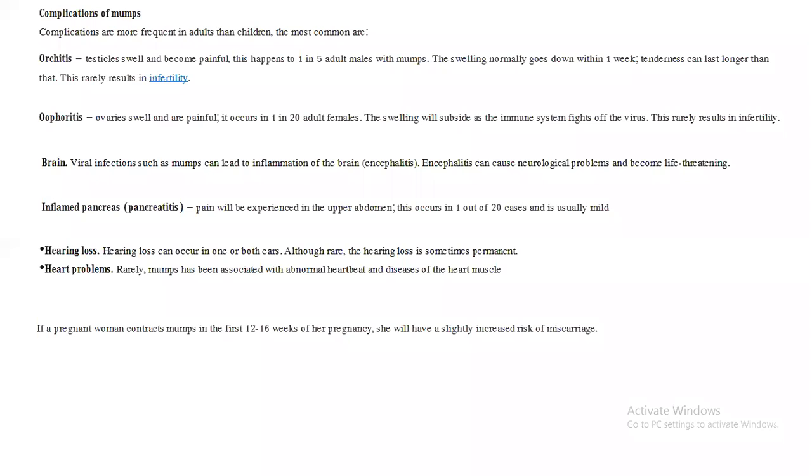Although rare, the hearing loss is sometimes permanent. Heart problems, though rare, have been associated with abnormal heartbeat and disease of the heart muscle. If a pregnant woman contracts mumps in the first 12 to 16 weeks of her pregnancy, she will have a slightly increased risk of miscarriage.